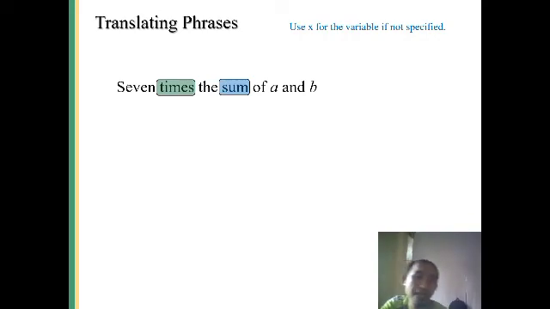Of course, for times we use the times operation, so we have open parenthesis A plus B, times 7. So 7 times A plus B.